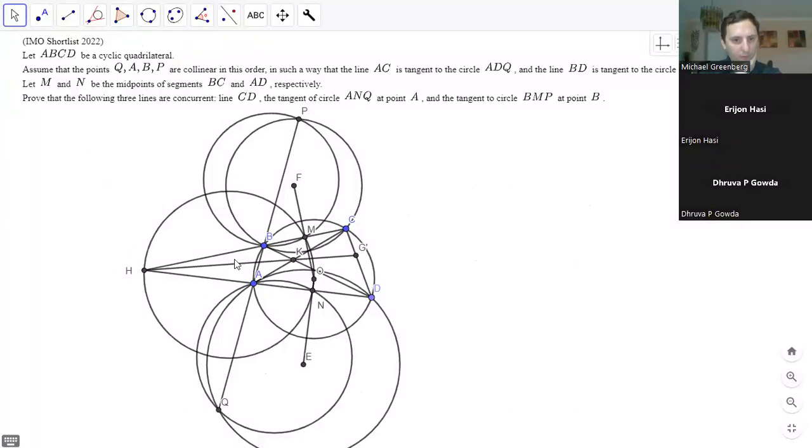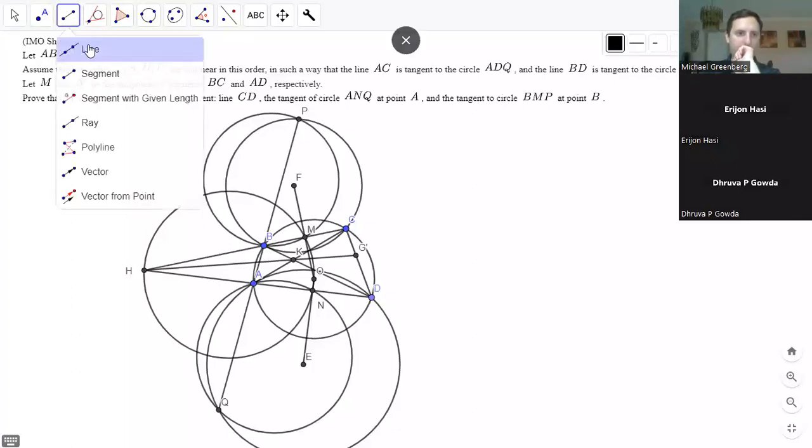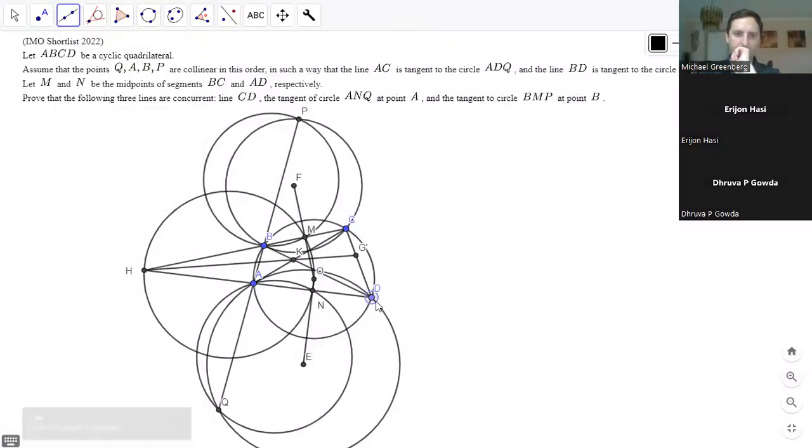So what do we know? HK is the polar. I don't know if we want to let AB and CD intersect at a point. But HK would be the polar of that point. So I think HK, G prime and this point are in harmonic conjugation.